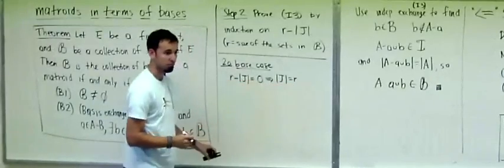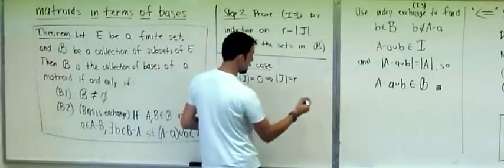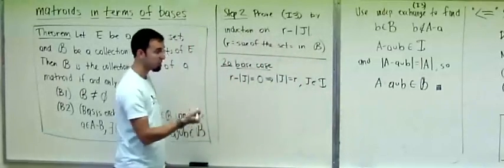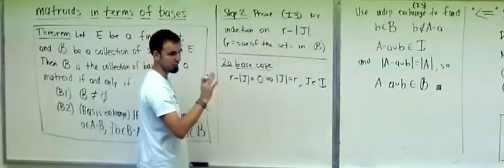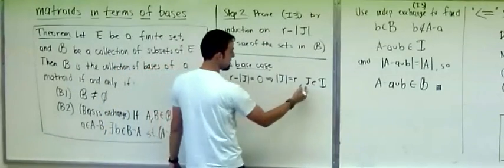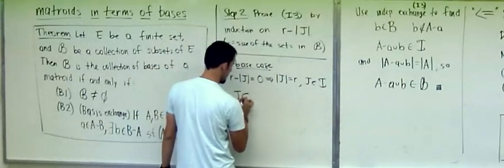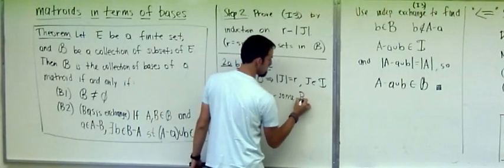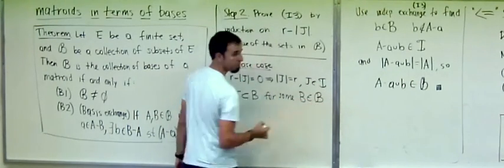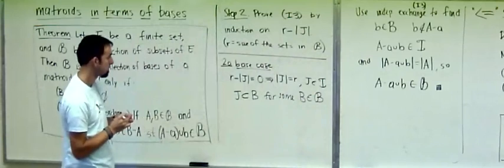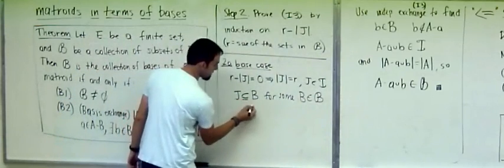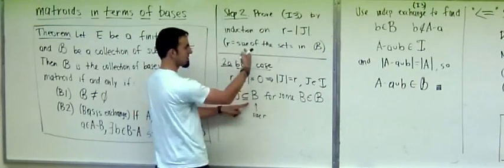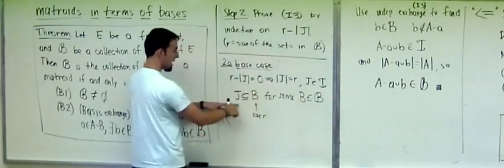So let me say another word about this. J is equal to R. Now, by assumption, J is in my collection script I, which means by definition that it's inside a basis, inside a set in B. J is in I, therefore J is a subset of B for some B in B. That's the definition of script I. But now I can say, well, this guy has size R because R is the size of the sets in B. And this guy has size R by assumption.